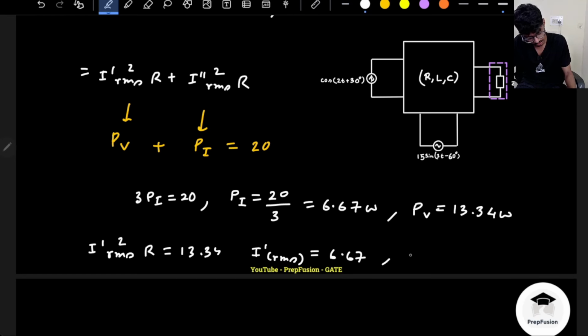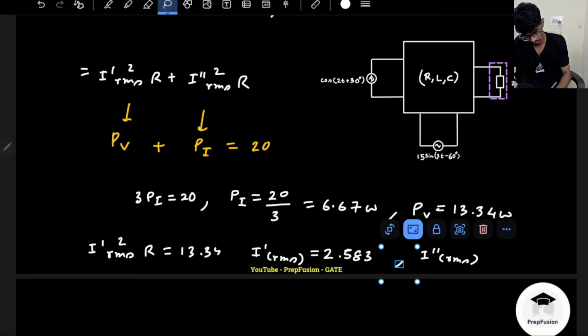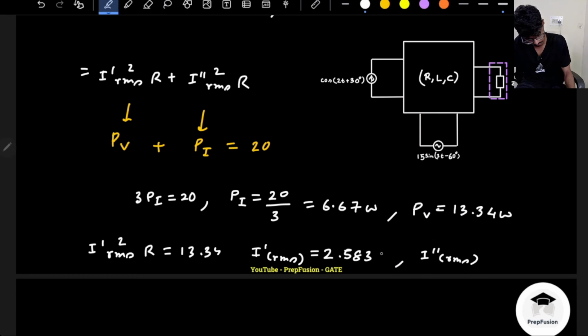What about same for I double dash RMS? I double dash RMS will be, okay, sorry, there is an under root also. So I have to do the under root also. So if I do the under root, it will be 2.583 amperes. Okay, what about I double dash RMS?